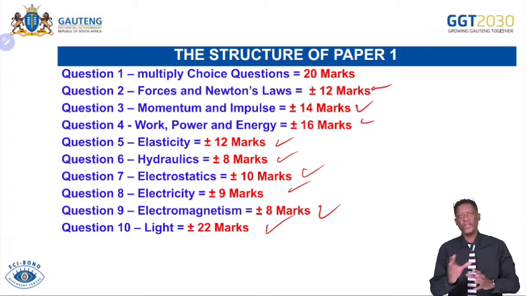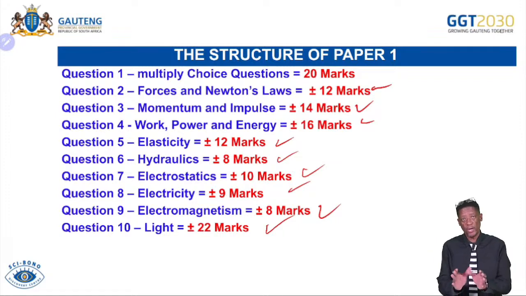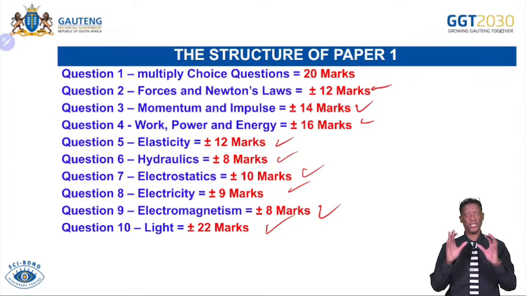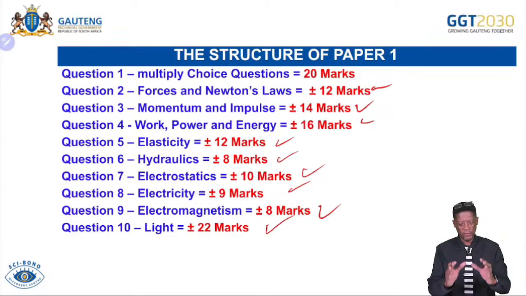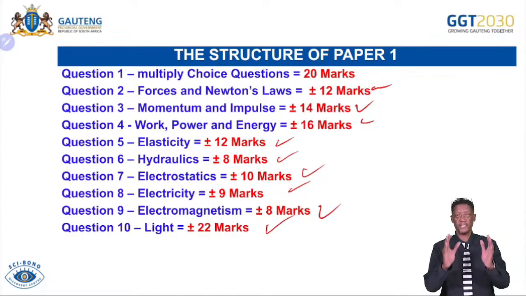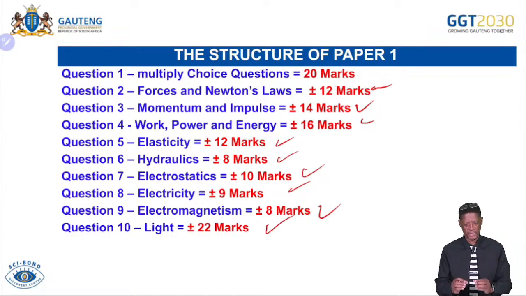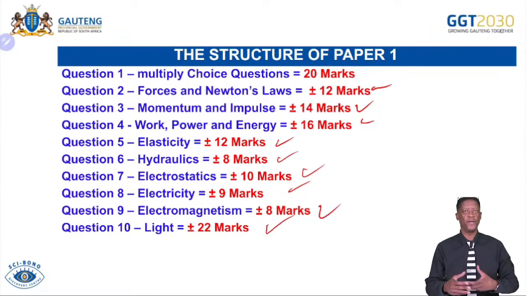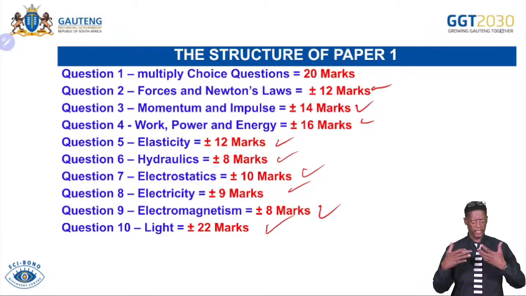So play with the marks, figure out where you are going to get the marks, because you are looking at this structure of the question paper. I'm not saying to you this is the question paper. No, I'm saying this is the scope of the paper. If you look at all the questions structured like this, and count the marks, the marks that give you more are those of definitions and laws and so on.